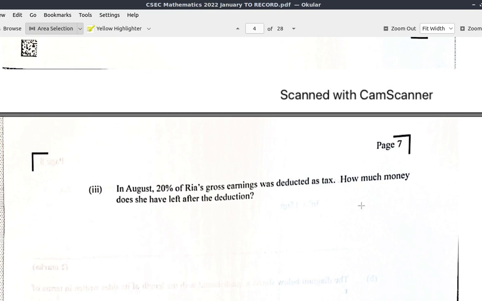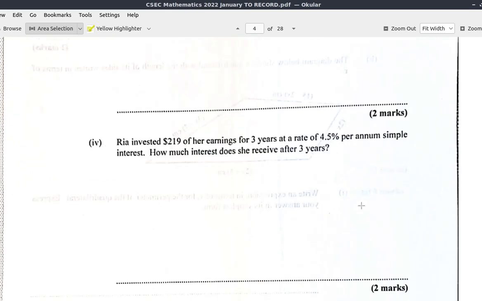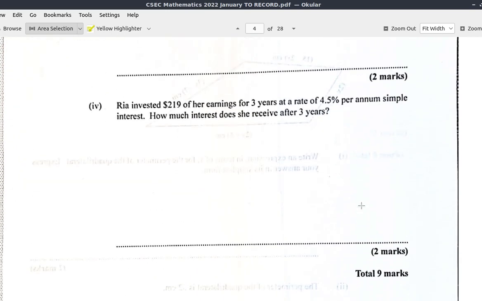So now, what else do they say? Rhea invested $219 of her earnings for 3 years at a rate of 4.5% per annum simple interest. How much does she get? How much does she receive after 3 years? So invest $219 of her earnings for 3 years.